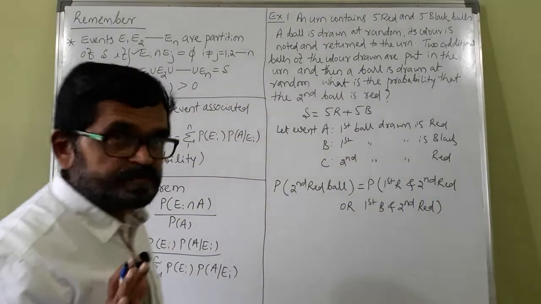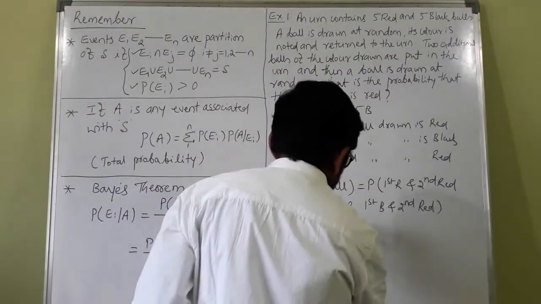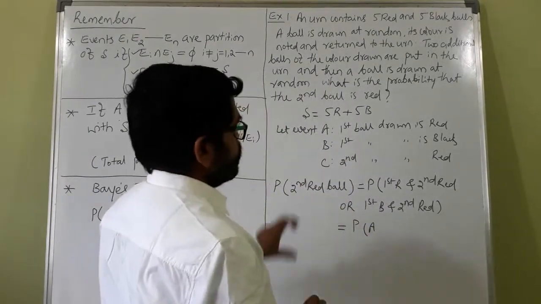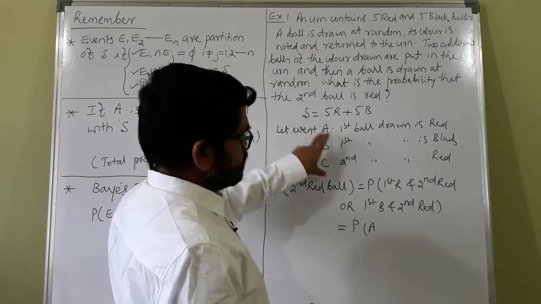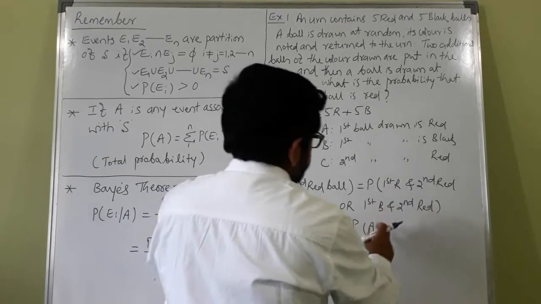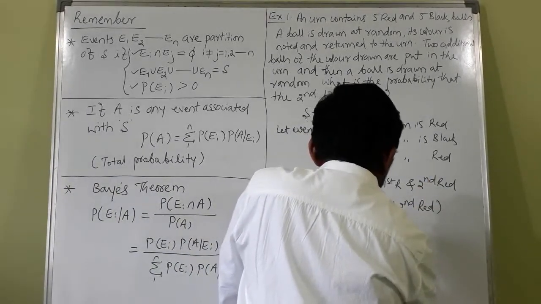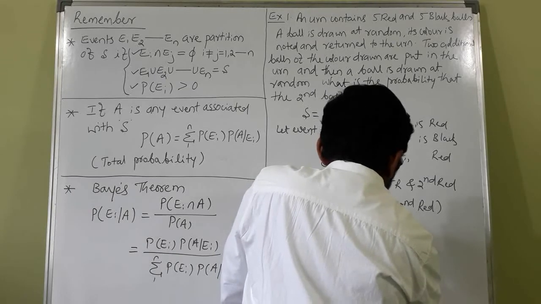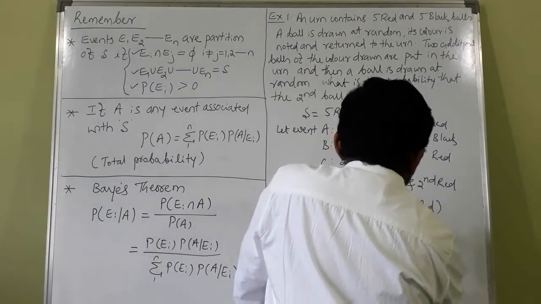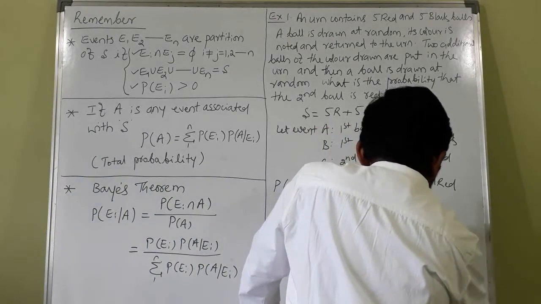I hope you are following. So this means probability of first red means event A. Why we have to define the events is, we can easily apply the formula. First red ball is event A and second red ball is C, or means union. First black, that is B, second red means C. You got it?